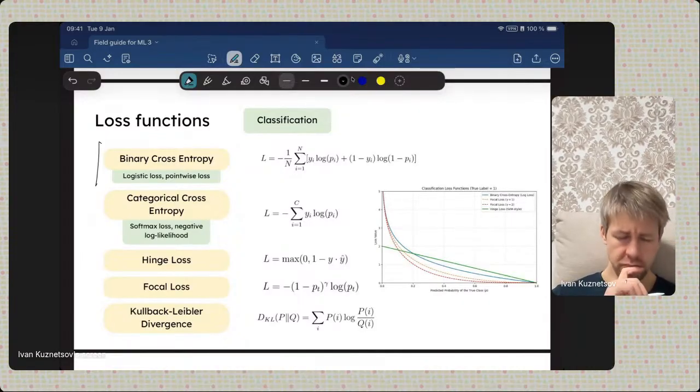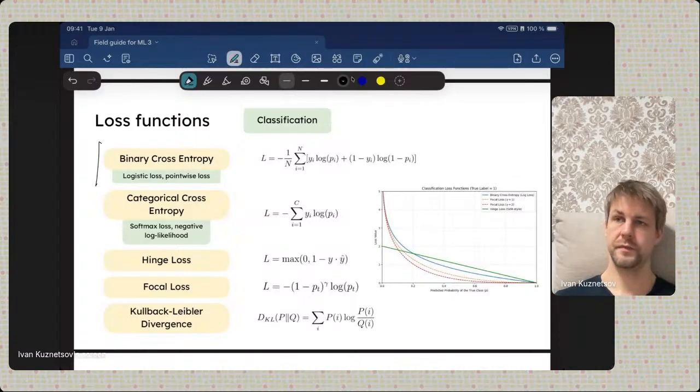But it also has other names, so logistic loss might be one of those. And also if you are using this function to do ranking, then it will be pointwise loss.